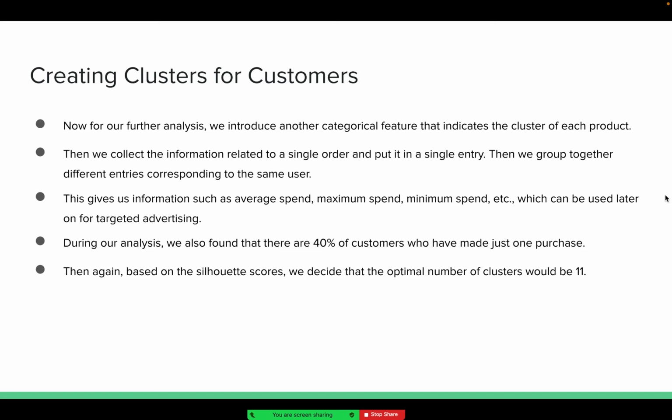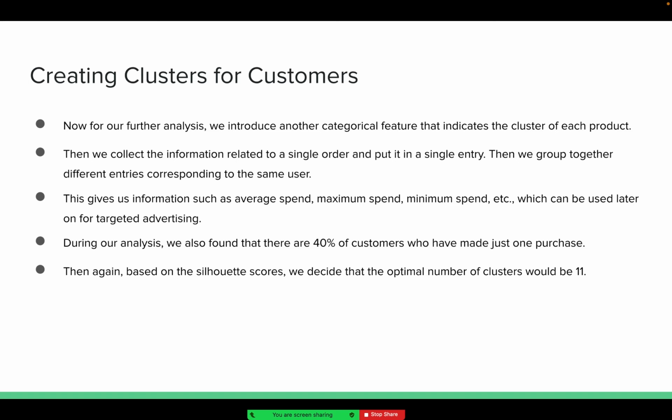So then we move on to create clusters for the customers. So basically what we're going to do is take each of the clusters for the products and assign them the clusters for customers. So then what we do is we collected information related to a single order and put it in a single entry.